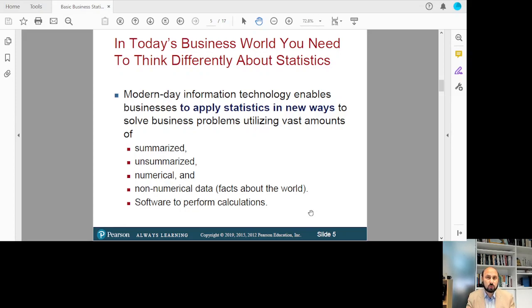Modern-day information technology enables businesses to apply statistics in new ways to solve business problems, using vast amounts of summarized, unsummarized, numerical and non-numerical data with various software and tools.